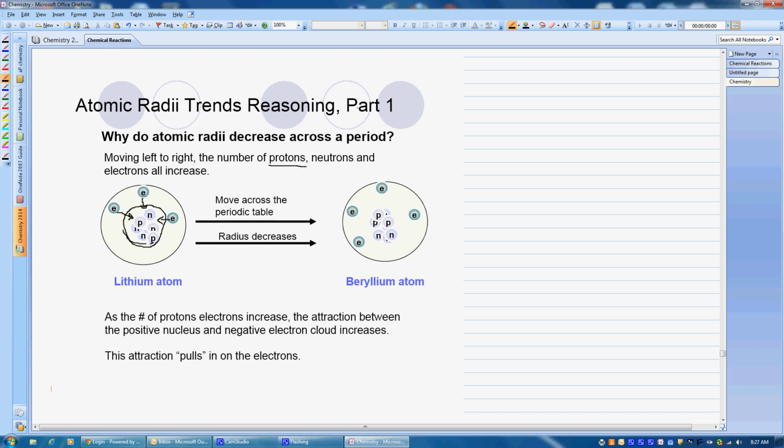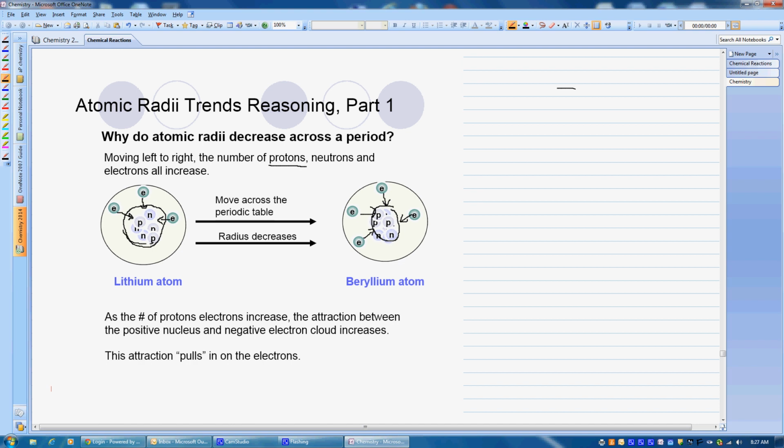Beryllium has more protons than lithium, so it can use the positive charge in the nucleus to pull these electrons in even tighter. This is called the nuclear charge: the attraction between the nucleus and the electrons gets stronger and stronger, so it pulls the electrons in tighter.